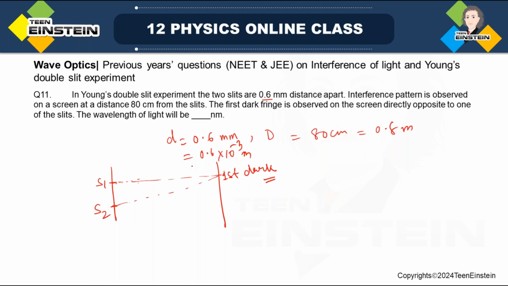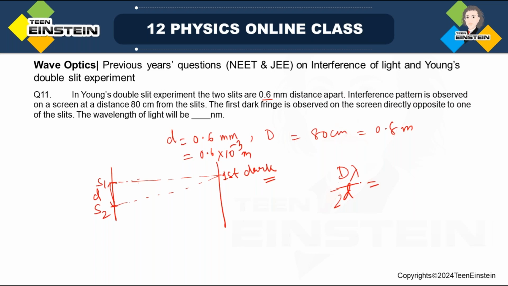If the distance between the slits is d, the path difference for bright fringes is n lambda, that is for the bright fringes.